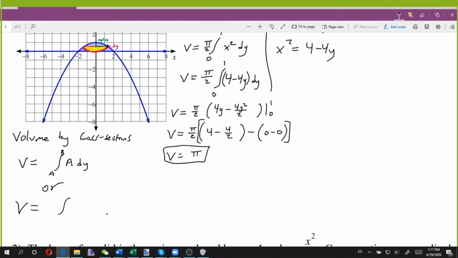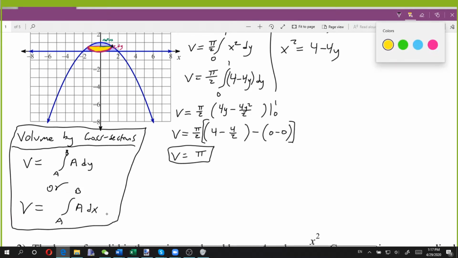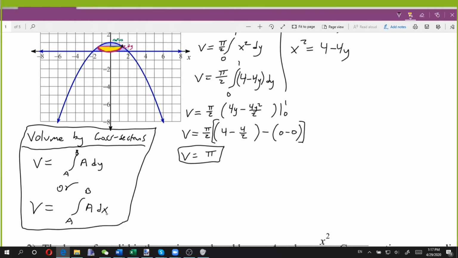Or if we're building cross sections perpendicular to the x-axis, that'll be our integral from a to b of our area times dx. All right, any questions here? Nope.